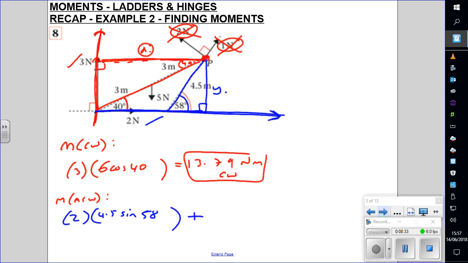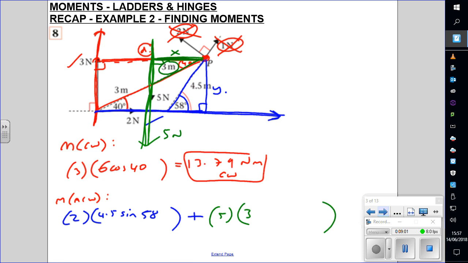Now we've got the 5 newtons, this 5 newtons here. So again, I draw my force past the pivot point, and then make a right angle to that pivot. And this is the distance I'm looking for, x, okay? And I can clearly see it's this triangle I'm working with. So my force is 5 newtons, so 5. I've got hypotenuse, which is 3, right?